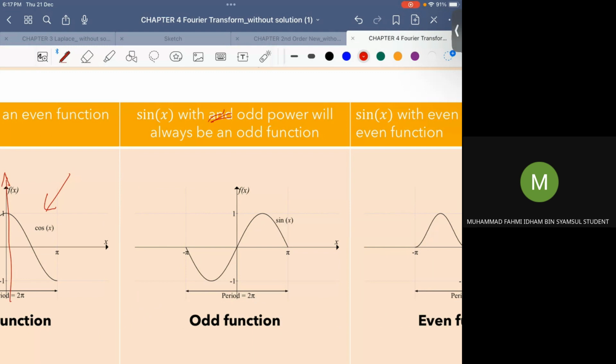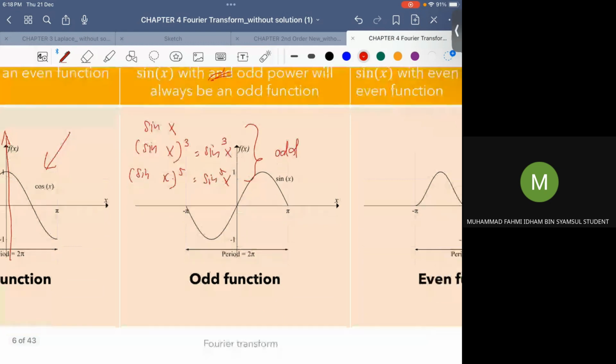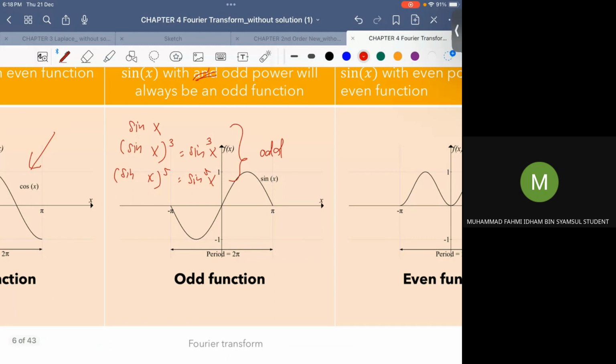So when you have sin x, or sin x to the power of 3, or sin x to the power of 5, all of these will always be odd functions. For example, sin x, sin to the power of 3 x, sin to the power of 5 x always represent an odd function.